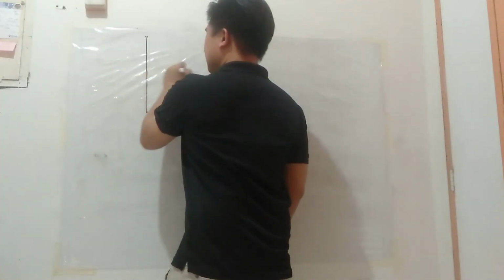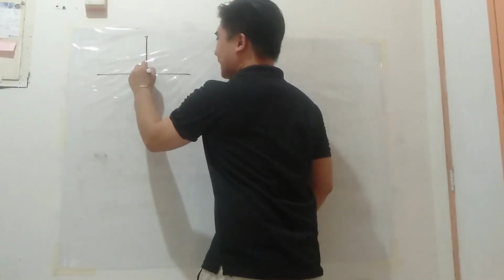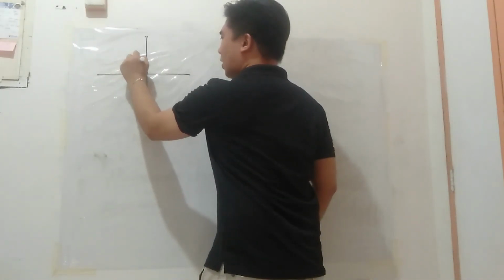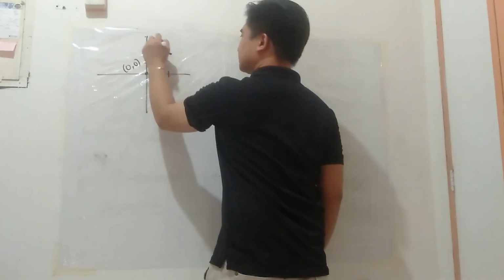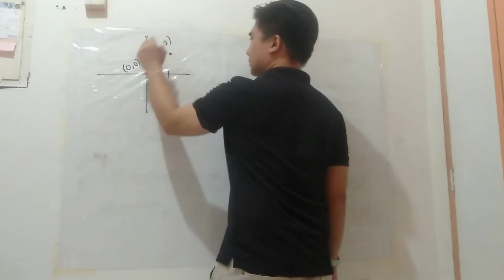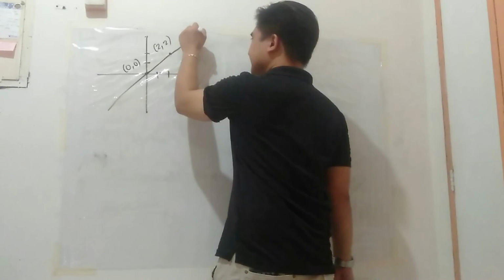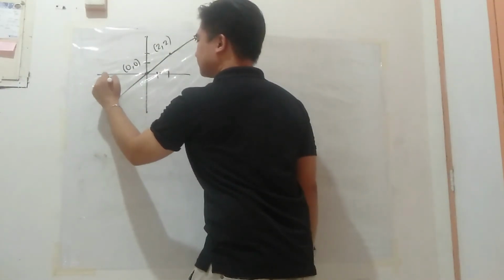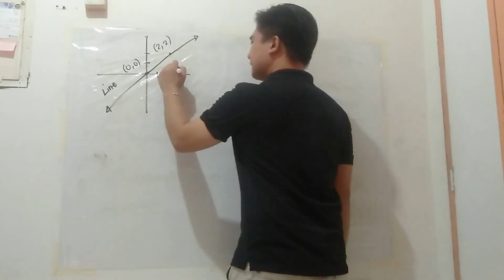Okay? So, let's say, ito yung Cartesian plane ko. Meron daw linya na dumadaan sa origin tsaka sa point 2, 2. Okay? So, sabihin natin ito yung line natin. And then, meron pa tayong isang linya.